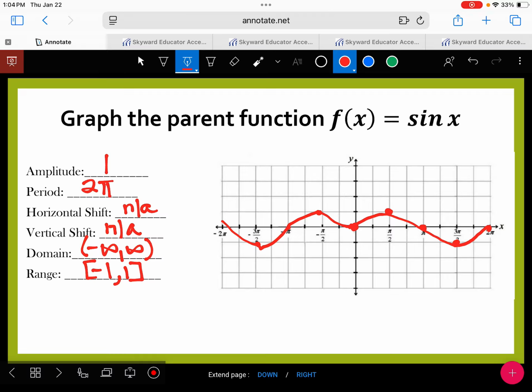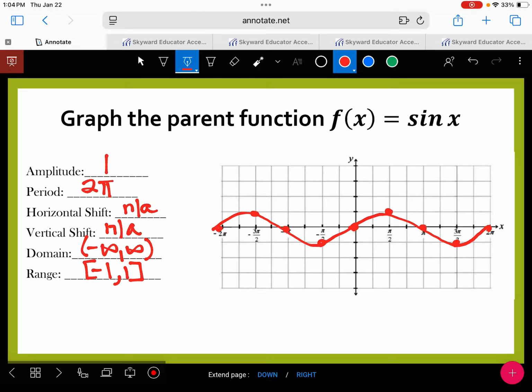Because if I'm at 0, where am I going to go next? Because it's a wave, and this wave is going down, that should be a negative 1. So I should go down, then back to the middle, to the top, back to the middle. And that is your parent function.